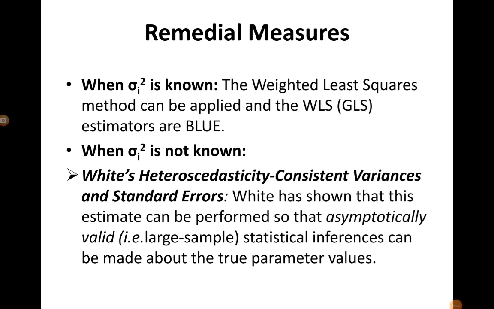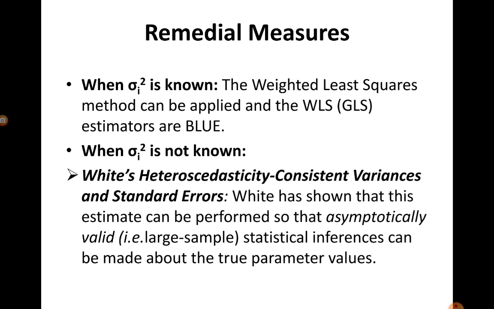So far we have had a look at what is heteroscedasticity. Heteroscedasticity is when the error term ui, or the disturbance term ui, in our population regression function does not have constant variance.